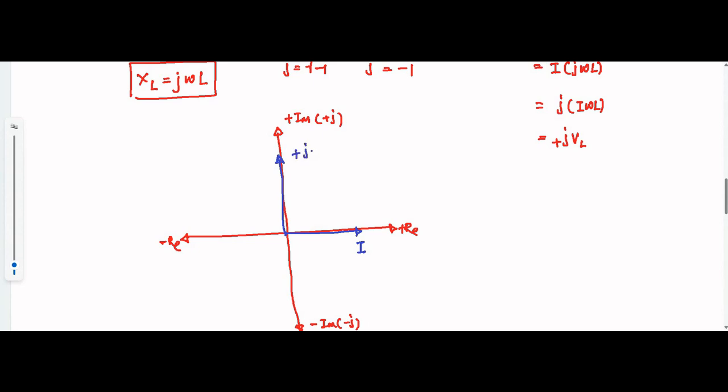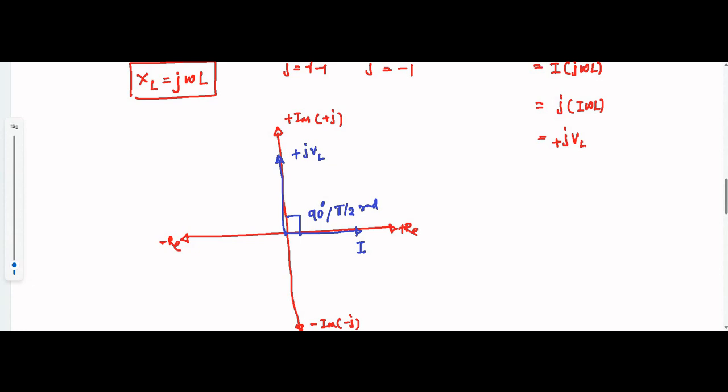Obviously from here you can see that the voltage drop across the inductor is leading by pi by 2 radian or 90 degree. It is in the positive imaginary axis, whereas current is in the real axis.